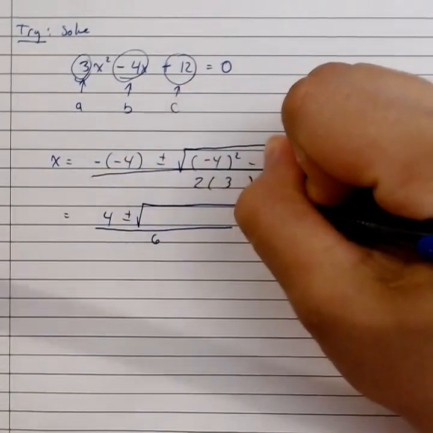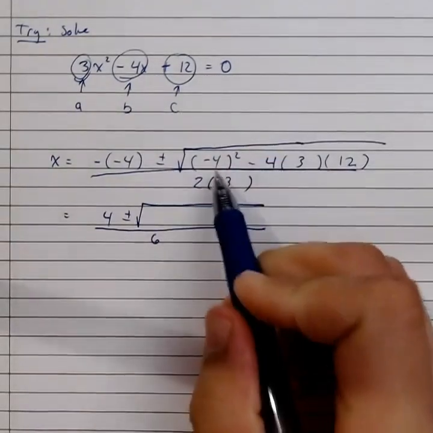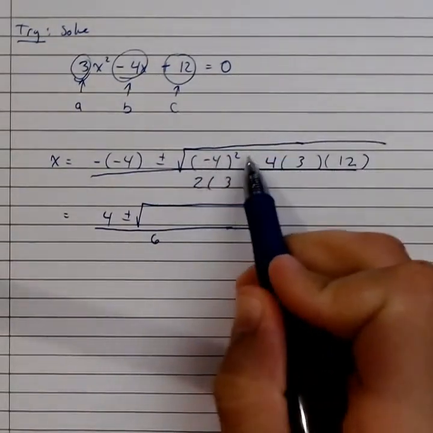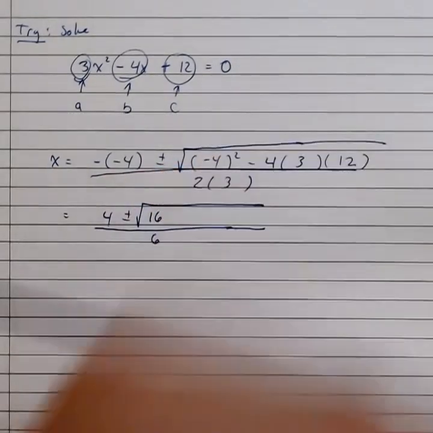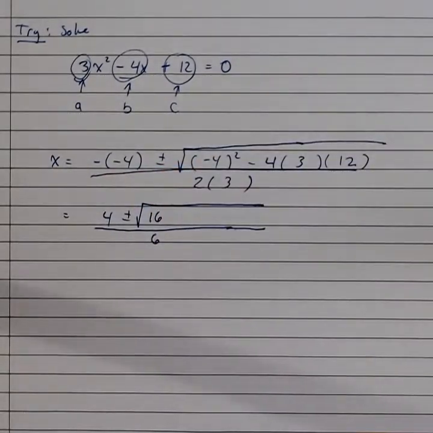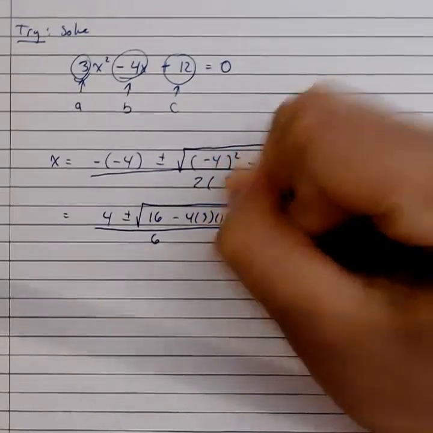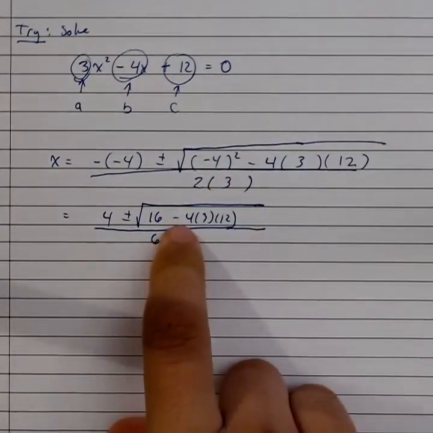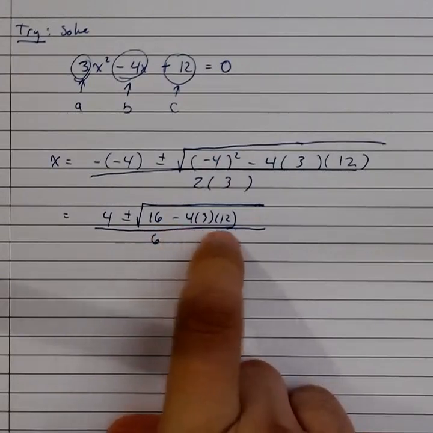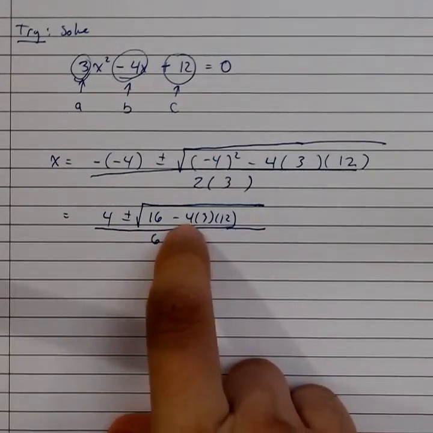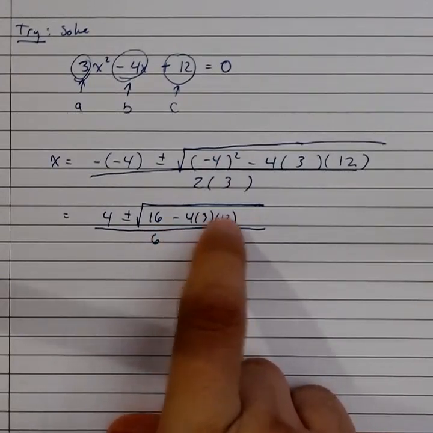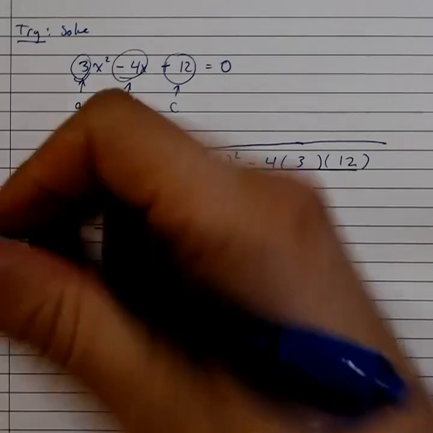But now in the radical, we have some stuff to simplify. First, exponent. Negative 4 squared, that's a positive 16. Negative times the negative is a positive. Minus 4 times 3 times 12. Okay. Now, after exponents, I'm going to do all my multiplication. Okay, so 3 times 4 is 12. 12 times another 12, that's 144.